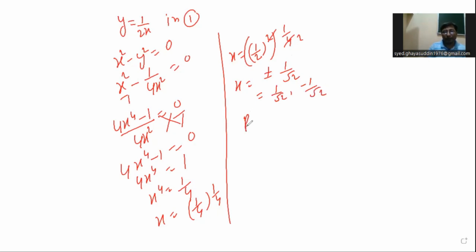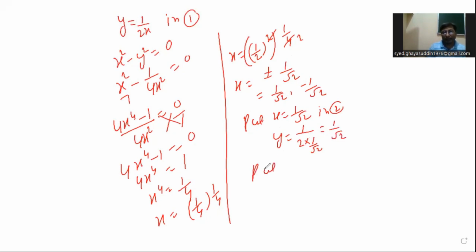Now put x equal to 1 by root 2, then y in equation number second, that is y equal to 1 upon 2x. So that is 2 into 1 by root 2. So you will get 2 by root 2 is root 2. So this is 1 by root 2.